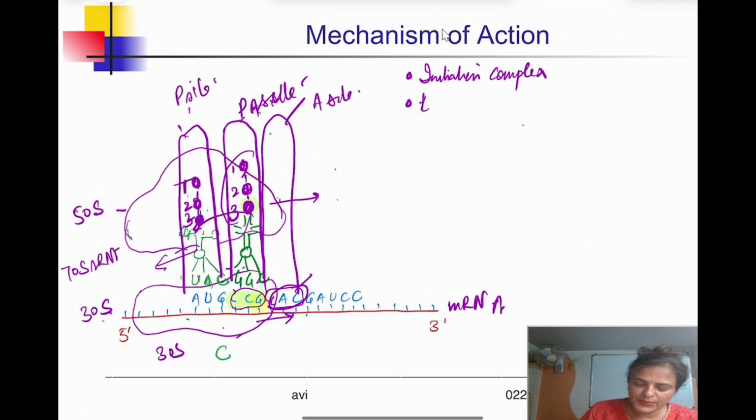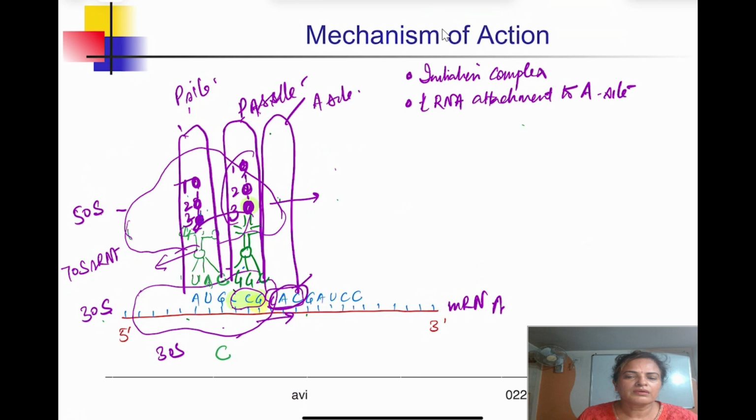Transfer RNA क्या करेगी आपकी, bind करेगी. There will be attachment of the transfer RNA to the acceptor site. So depending on the codon present on the messenger RNA, it is going to transfer the amino acid.